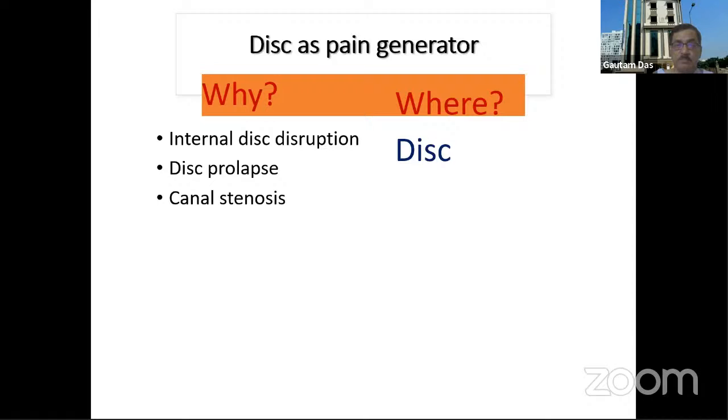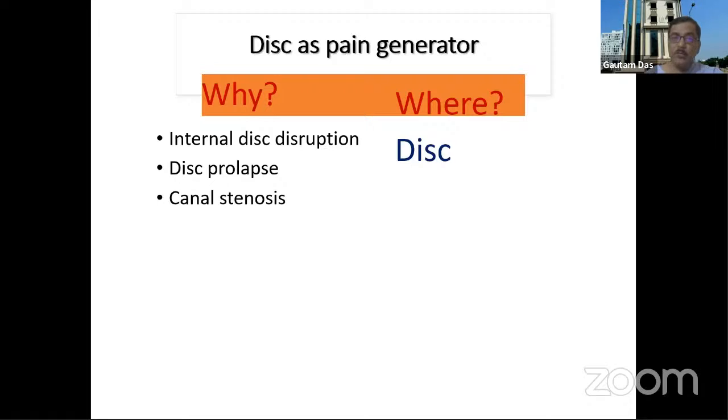There was a study done in the early 90s when MRI was very new. What was done in this study was that some normal people, middle-aged, were taken, who never ever had any back pain or leg pain.